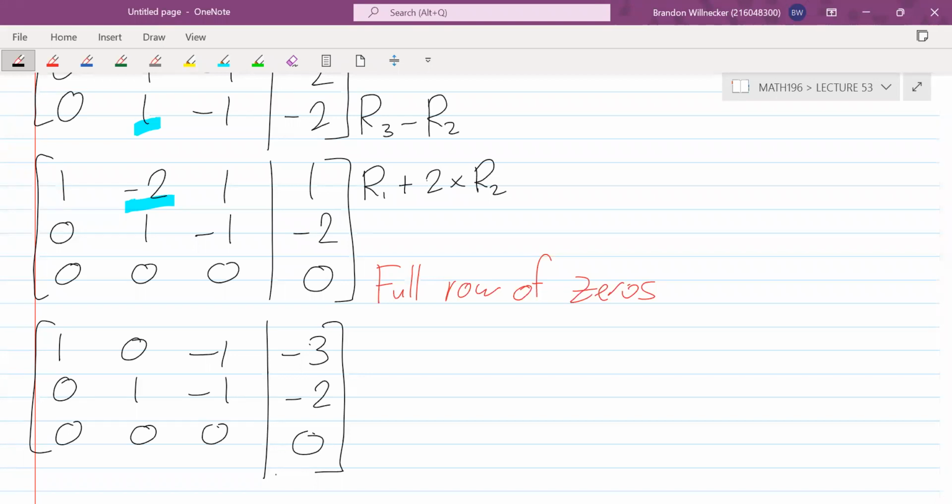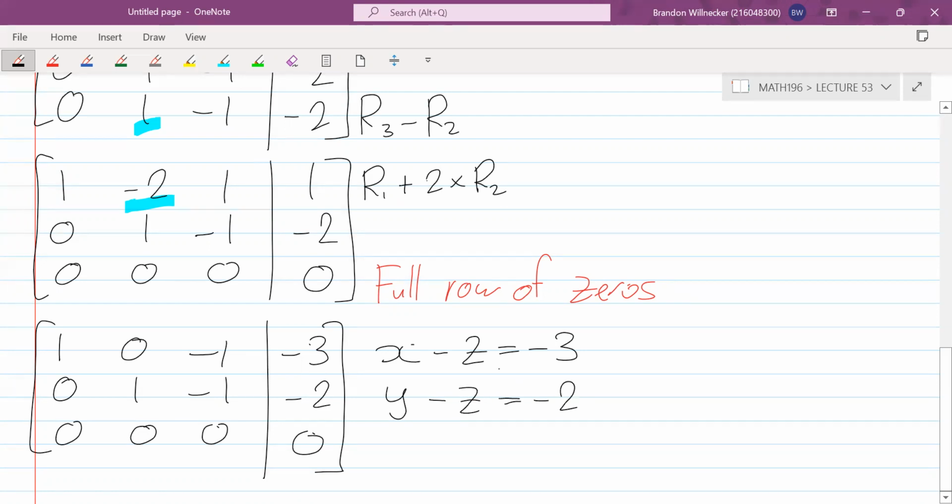So we know that we're going to get infinitely many solutions. So let's rewrite this in equation form to see what we can get. So the first row is going to be x minus z is equal to minus 3. The second row gives us y minus z is equal to minus 2. And the third row doesn't give us anything.